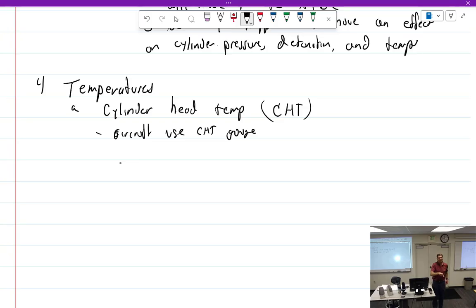As you pull it, they're going to get hotter and hotter. Then you get lean and it starts going down. So pull it back until it reaches peak, and then push it in until it cools back down 25 degrees. That's called 25 degrees rich of peak. We'll cover this again.